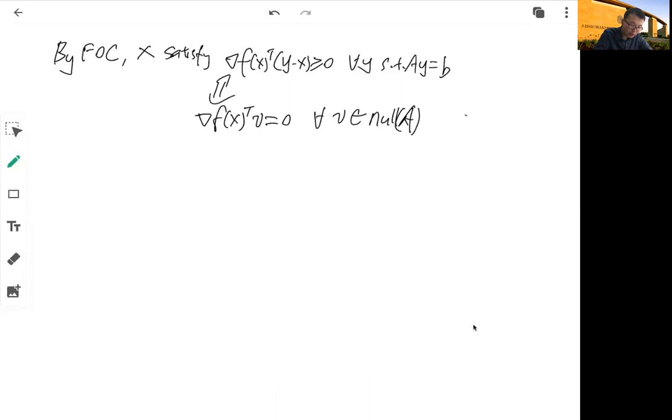If v is in the null space of A, then A right multiplied by v is always 0. This is the definition of the null space.